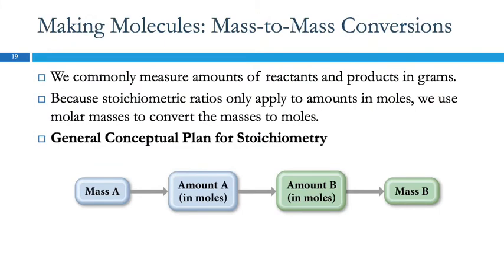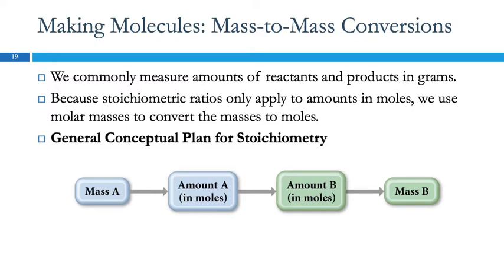Of course, we don't measure things in moles. We measure things typically in grams. So we have to do some dimensional analysis when we do stoichiometry problems. And this is probably the biggest place, the most important place, where understanding dimensional analysis will make doing these problems much simpler.